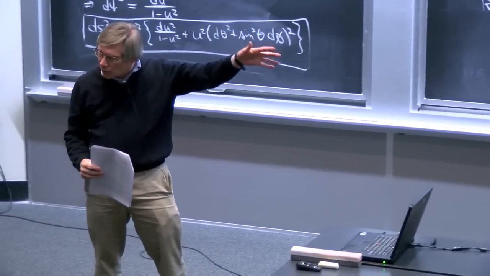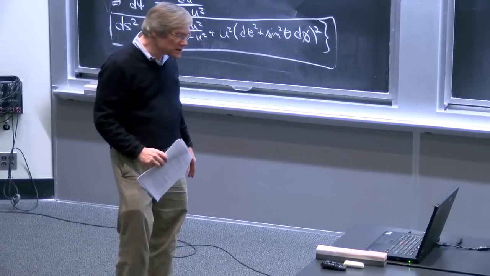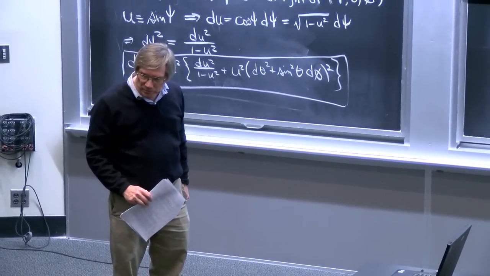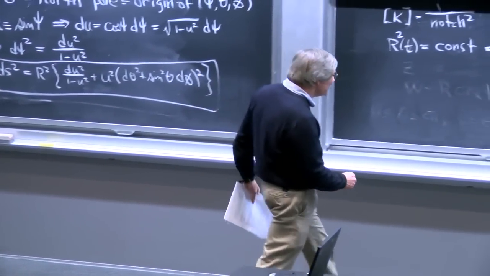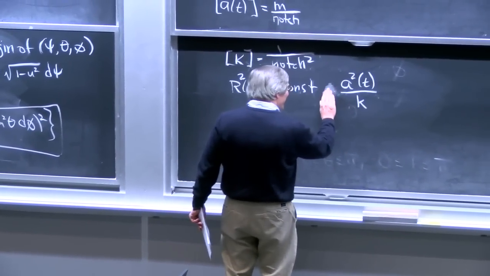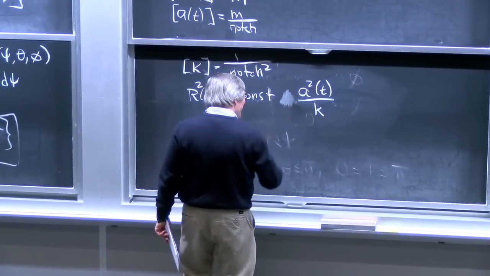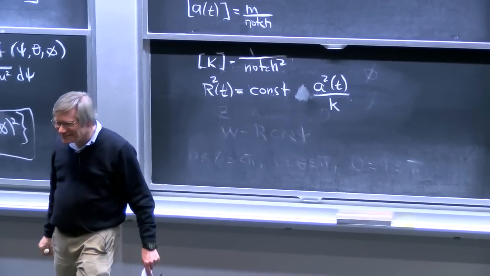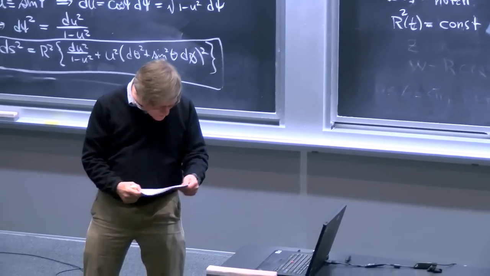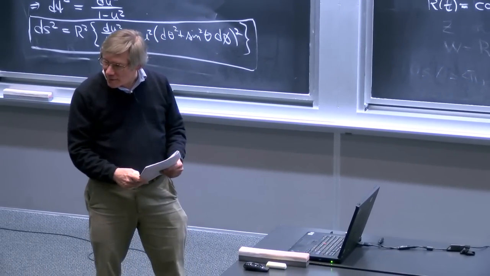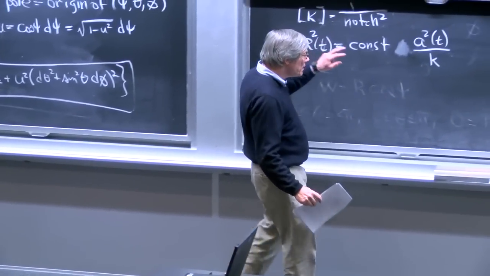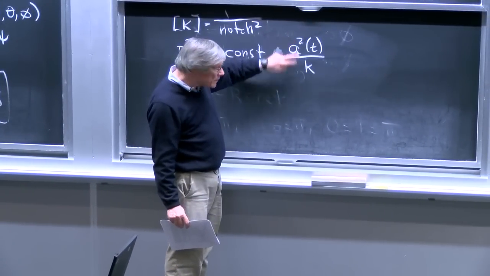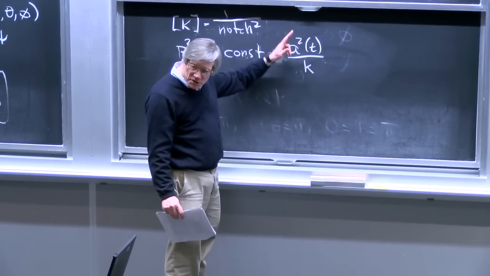The units are all built into the a's and the k's and everything else. The constant multiplied by that? Yes. That equal sign was a big mistake. Constant times a squared over k. And that constant is now dimensionless because this is meter squared, this is meter squared per knot squared, and this is just per knot squared, so the knots just cancel over here.